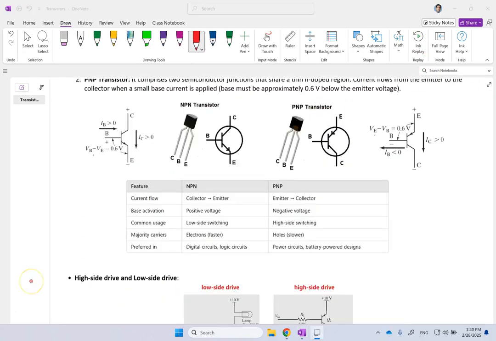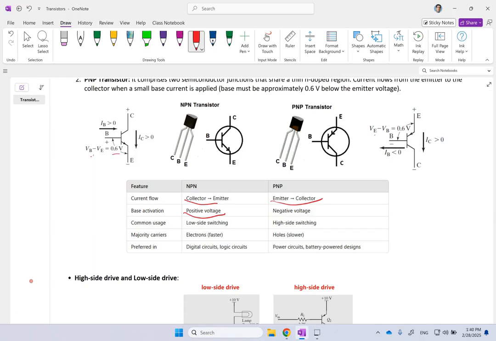Now, to clarify a little bit more about the difference between NPN and PNP, other than in one of them current goes from collector to emitter, in the other one from emitter to collector, I just want to explain the difference between them a little bit. So other than this first difference that I mentioned, the base activation in NPN was positive voltage, right?